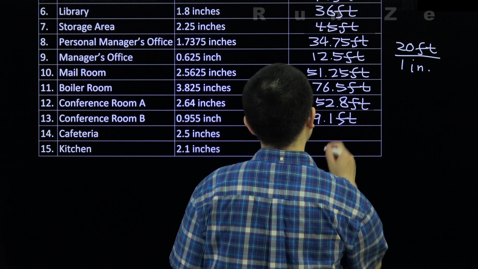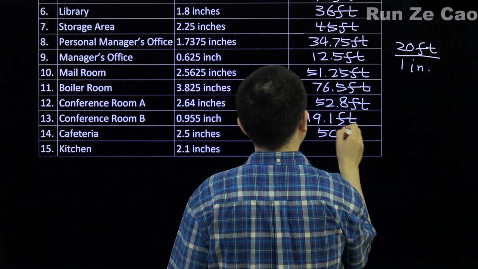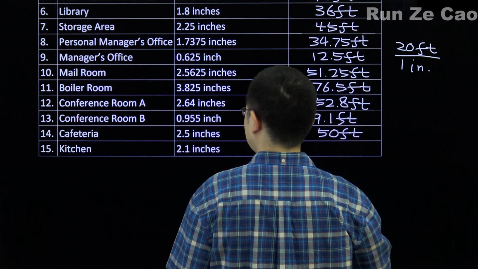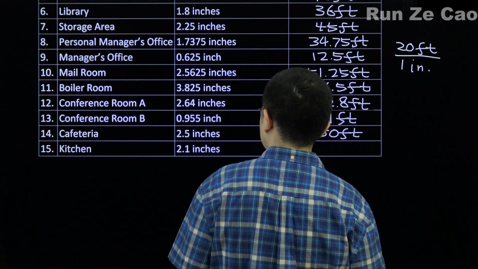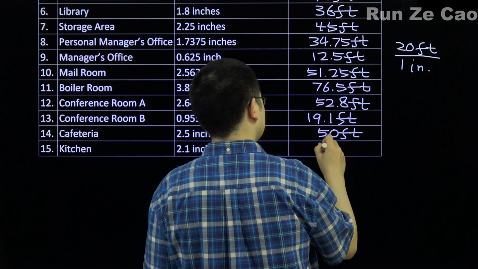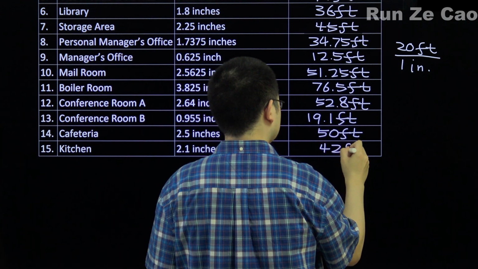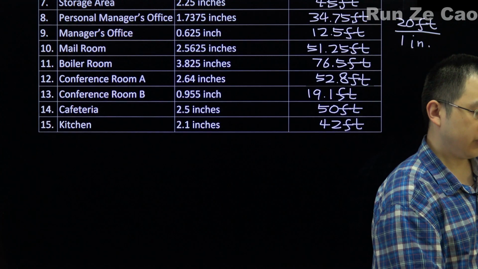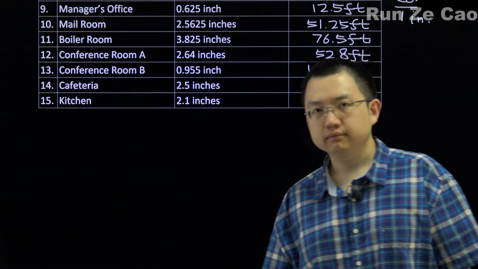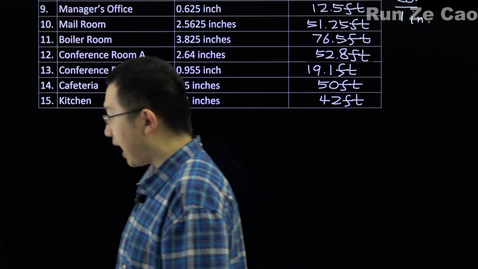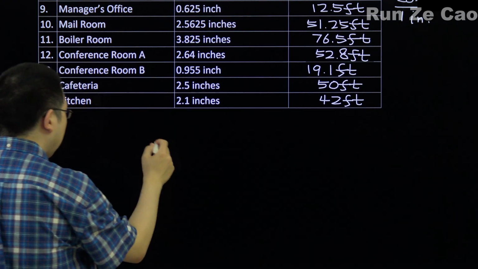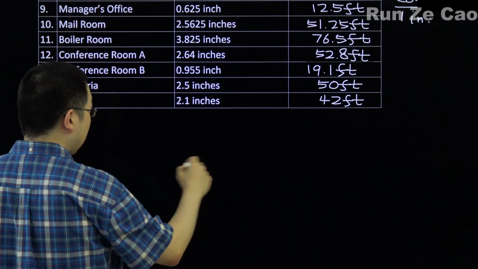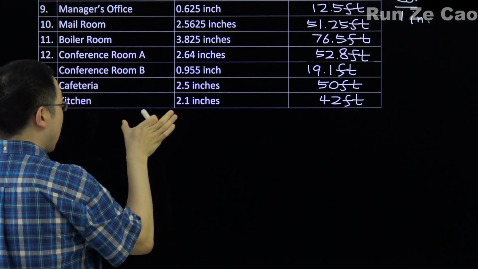That's 25 times 2, which is, of course, 50 feet. Kitchen, 2.1 inches times 20 feet per inch. That's 42 feet.